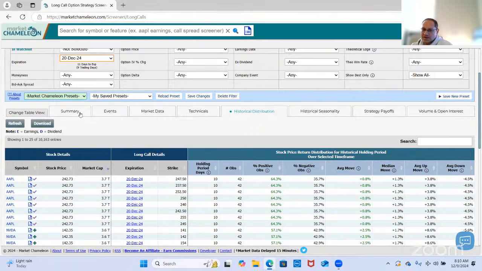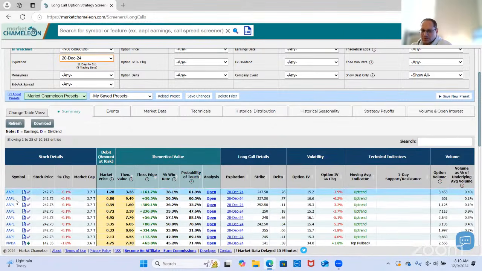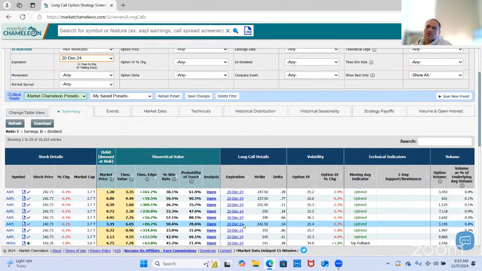Because if you're looking at each individual option in here, it has an expiration. So there's a certain amount of days that this stock can trade before this option expires.